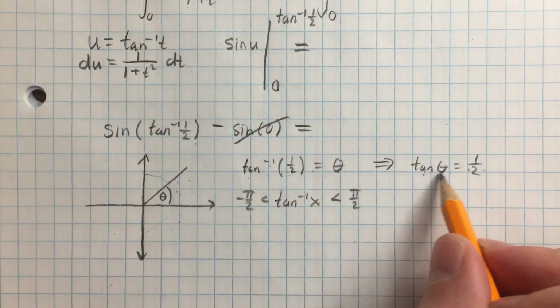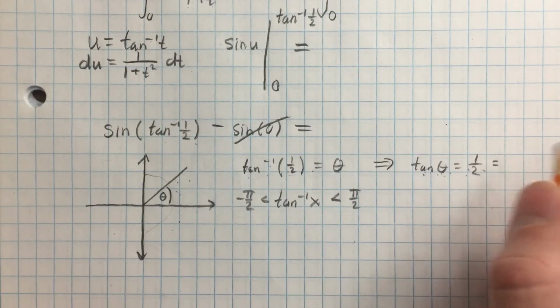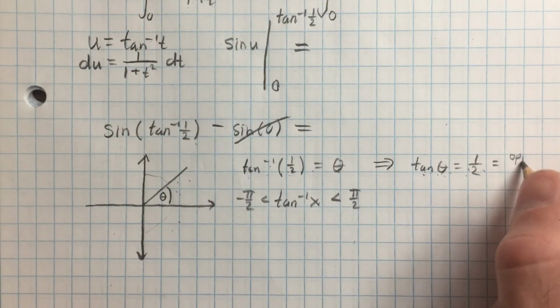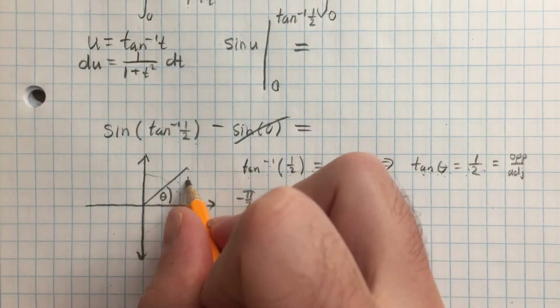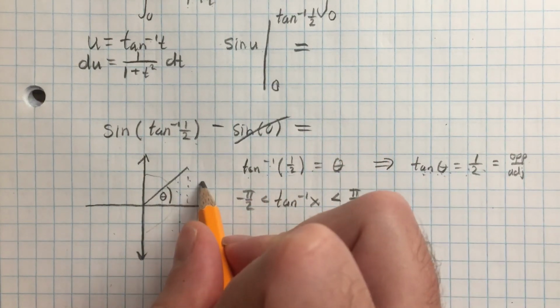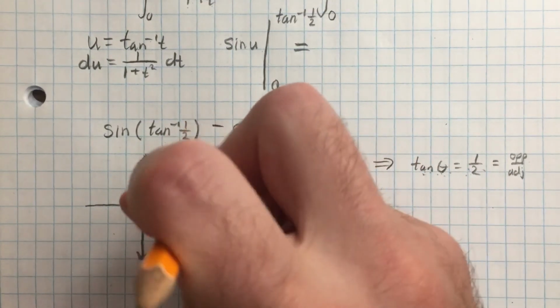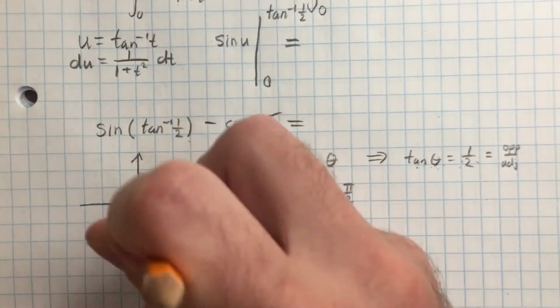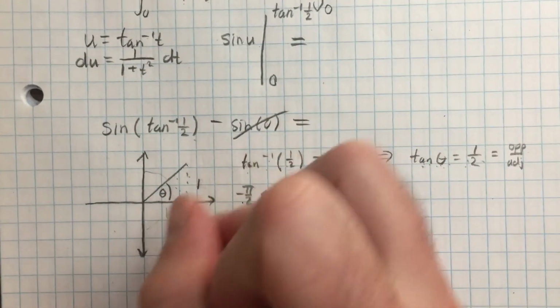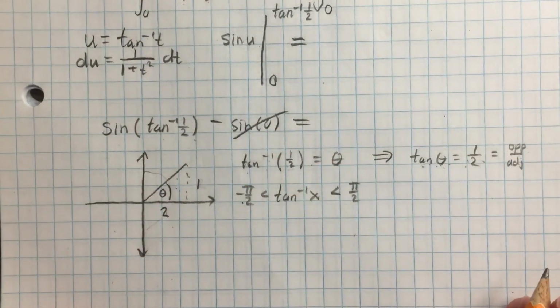But if tan of theta is 1/2, we know tan is opposite over adjacent. So that means if I were to draw a triangle here, this would be opposite over adjacent. Oops, sorry, wrote that totally backwards. Sorry. Opposite over adjacent, right?